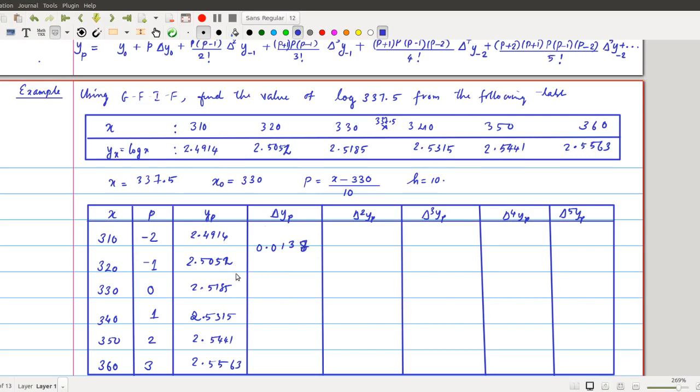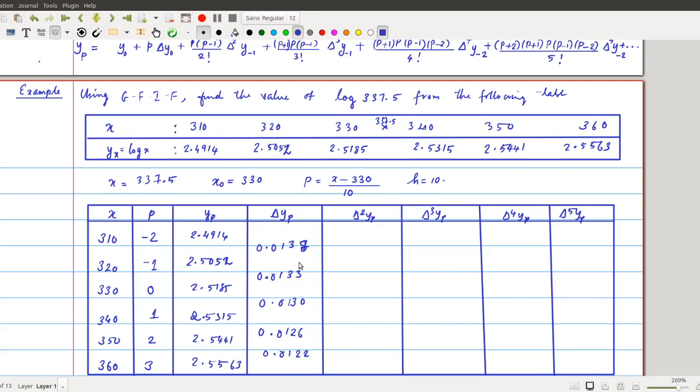Then the next value, the delta yp, is this minus this number, so that will be 0.0133. Here we have 0.0130, this is 0.0126, and this difference is 0.0122. Okay, so these are the delta yp's.